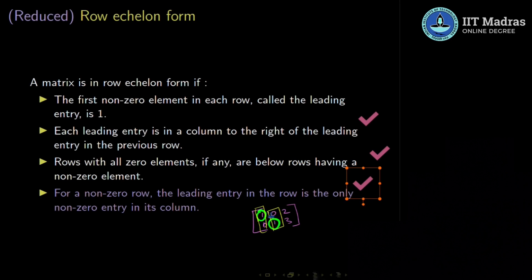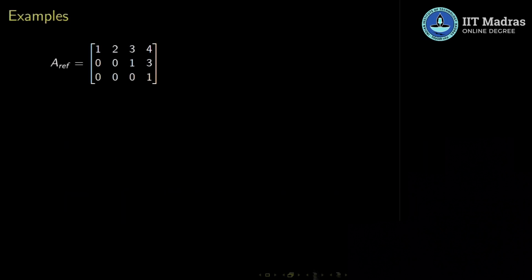So that is also satisfied. Okay, great. So we have seen that our previous example was in the reduced row echelon form, and we could read off the solutions to Ax = b very easily. Okay. So let us do another example.